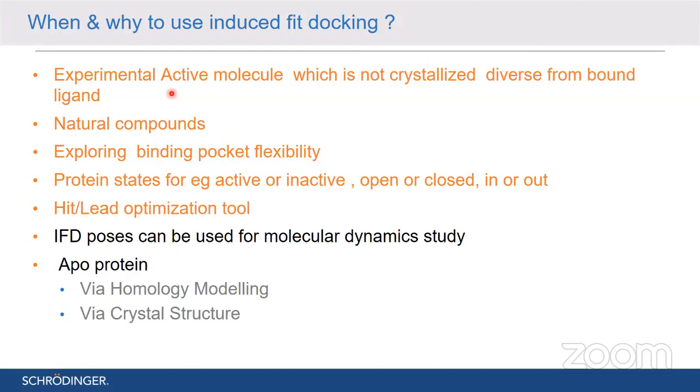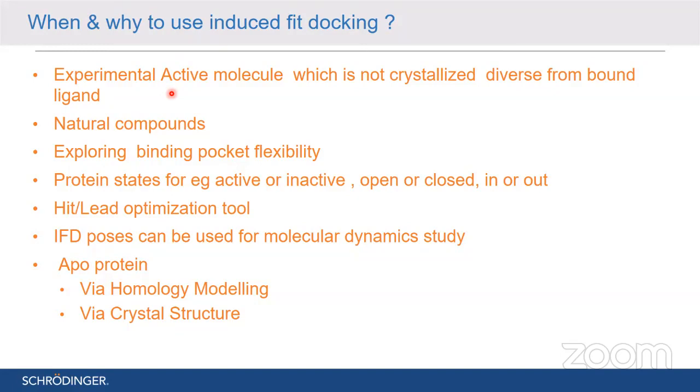Please keep in mind, it is a hit and lead optimization tool. You should use it not for your hypothetical molecule, but for an actual biologically active molecule, not in silico outcomes. And the IFD pose, as I already said, can be used for your molecular dynamics study. One more thing, this is very much used when you have a homology model structure.